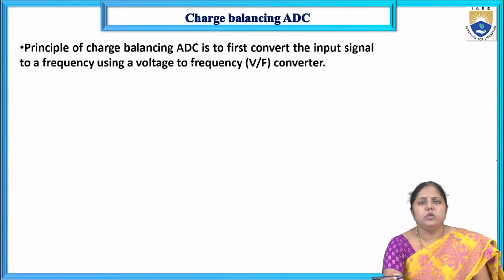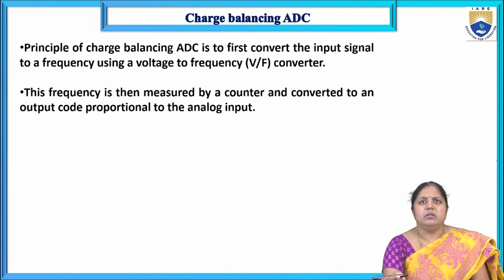As I told you in the definition, the input analog signal is converted into a linear function of time or frequency. Here, in the charge balancing type of ADC, we convert the input analog signal into the equivalent frequency form using the voltage to frequency converter.